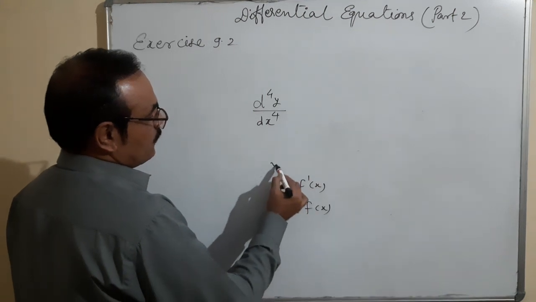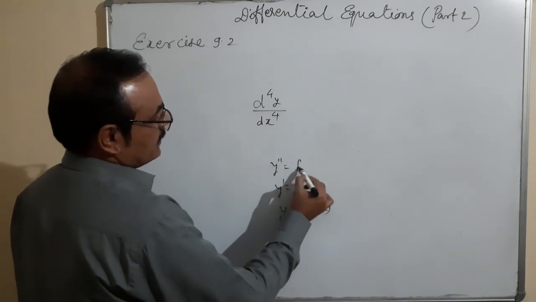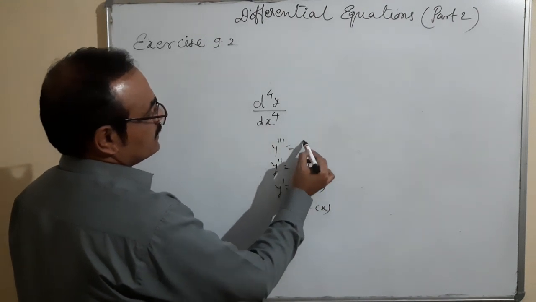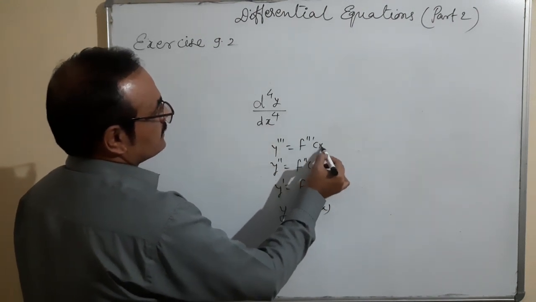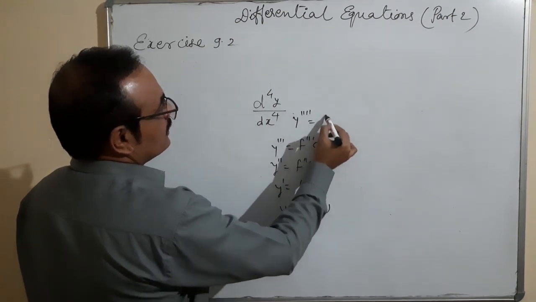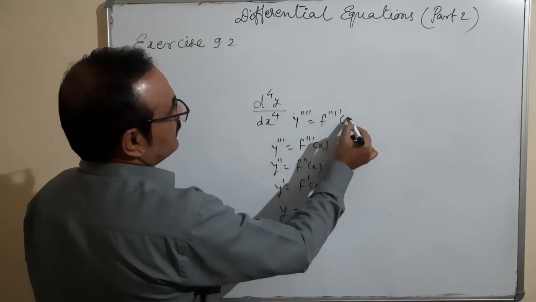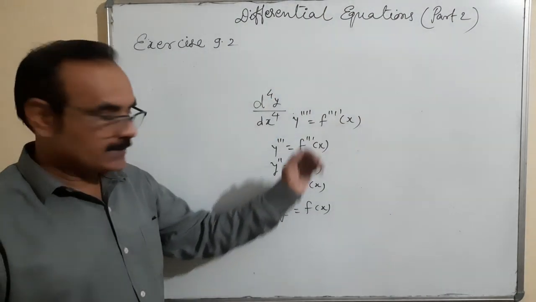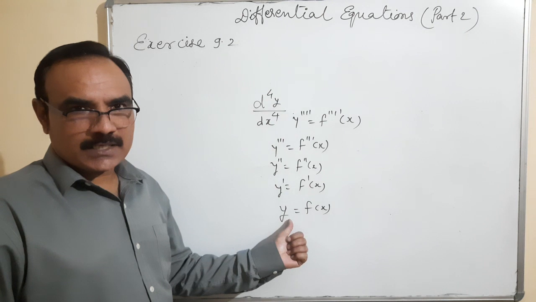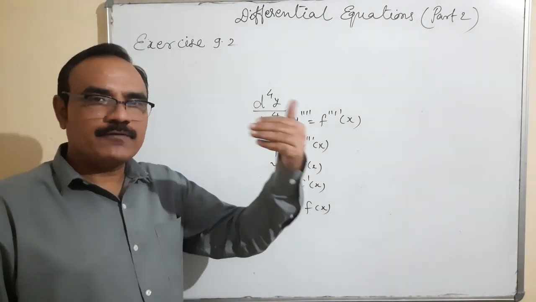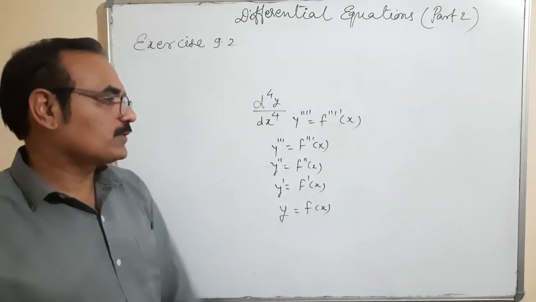Y double dash is f double dash x. Y triple dash is equal to f triple dash x. And last, y fourth derivative is equal to f x. So this is the procedure: starting from the function given, differentiate with respect to x, again differentiate with respect to x, and so on.